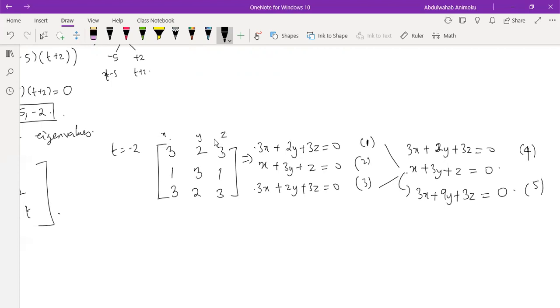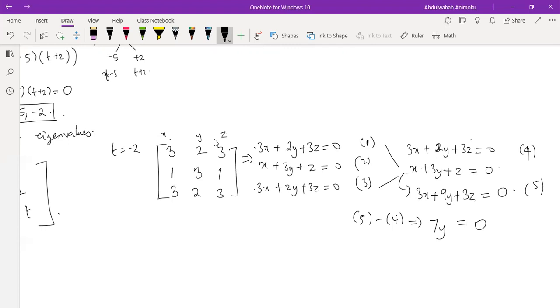So subtract 4 from 5, and that would give us 3x minus 3x will be 0. 9y minus 2y, that will be 7y. Then 3z minus 3z, that would be 0. So we have this.